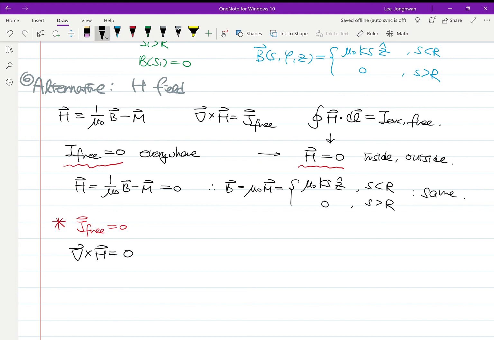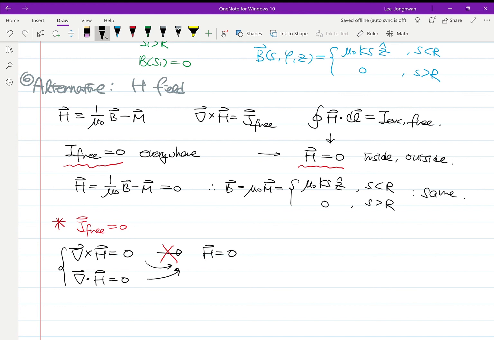By Maxwell's equation. But when a vector field has zero curl, it does not automatically guarantee that the vector field equals 0. This is actually wrong. For the vector field to be 0, the curl should be 0 and the divergence of the field should be 0 as well. So you need two conditions.